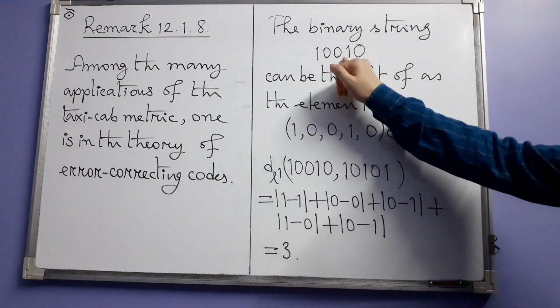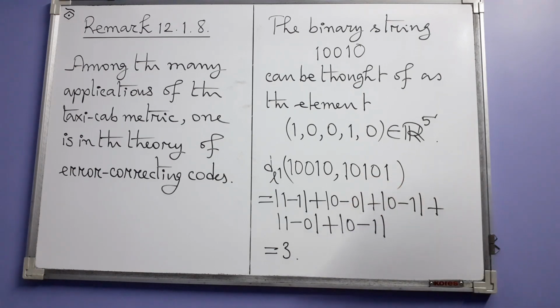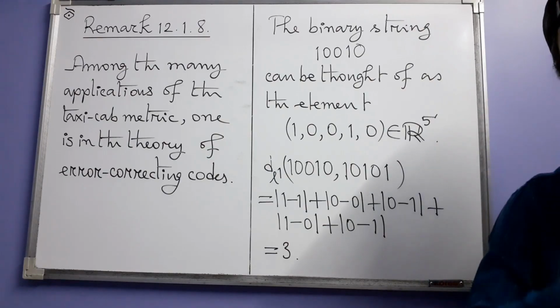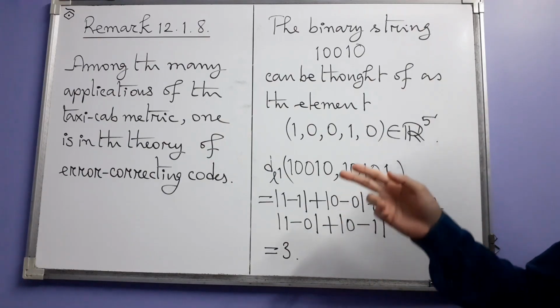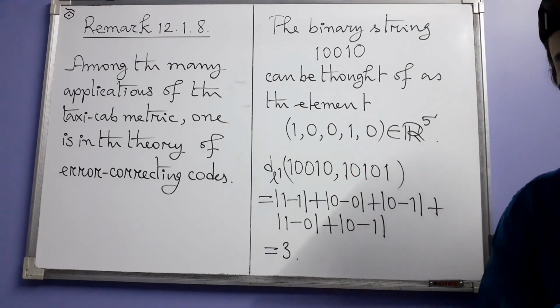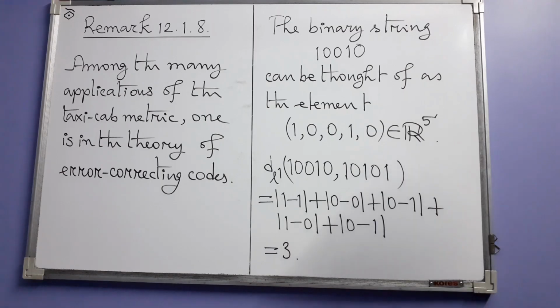Say between this binary string and this another one, 1 0 1 0 1. So what does the taxicab metric do? It takes the corresponding coordinates, takes their numerical difference and then adds them up. That is the taxicab metric distance value.